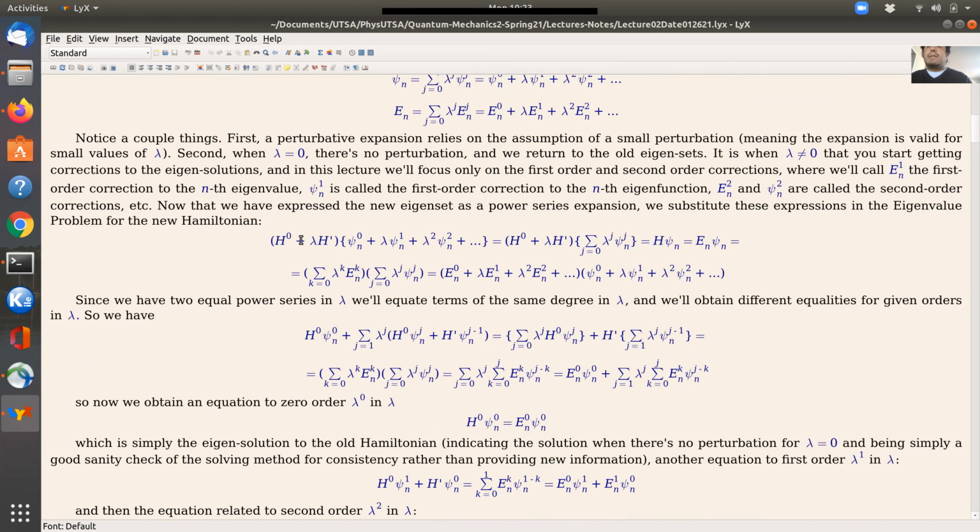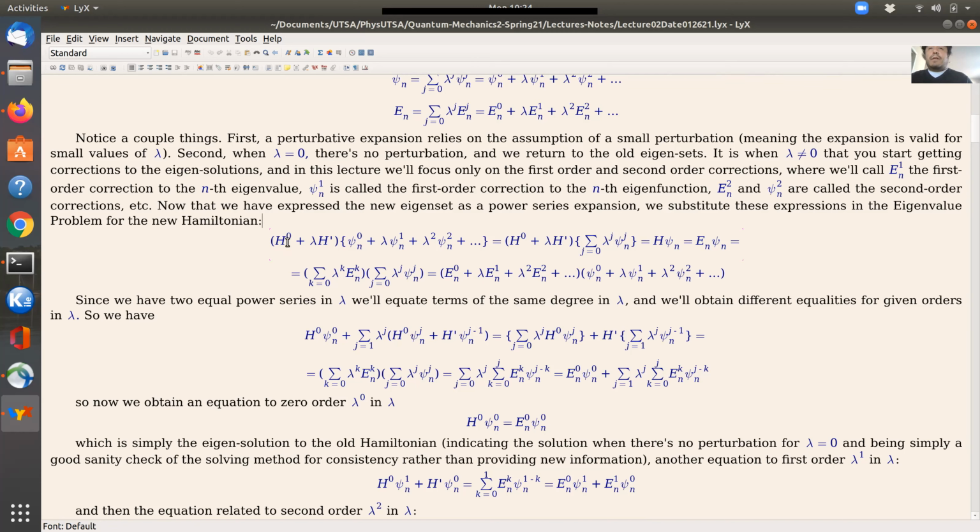I have power expansions on each side of the equation, and I'm just going to match the terms because they should be equal. So we have two equal power series in lambda, and we'll equate terms of the same degree. By looking at these equalities for different degrees of lambda, we'll obtain different equations for different orders. So you'll see what we have.